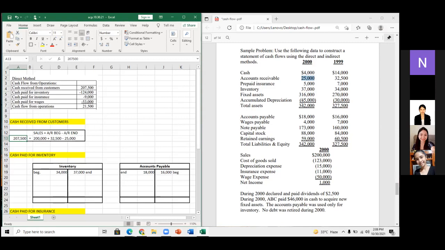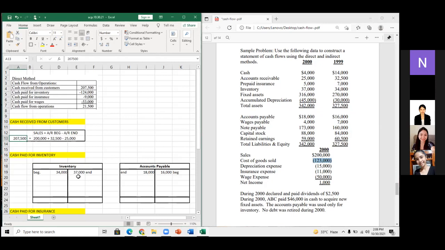Dito sa problem, meron siyang inventory beginning na 34, which is nilagay natin dito. And meron din siyang inventory end na 37,000. At meron tayong cost of goods sold na 123,000, ito yung cost ng inventory na nabenta natin.